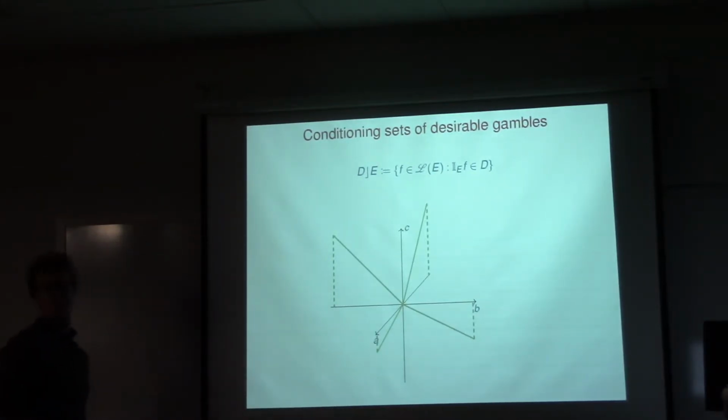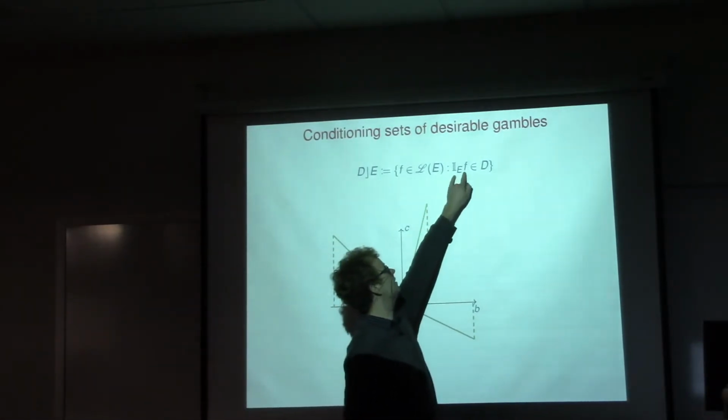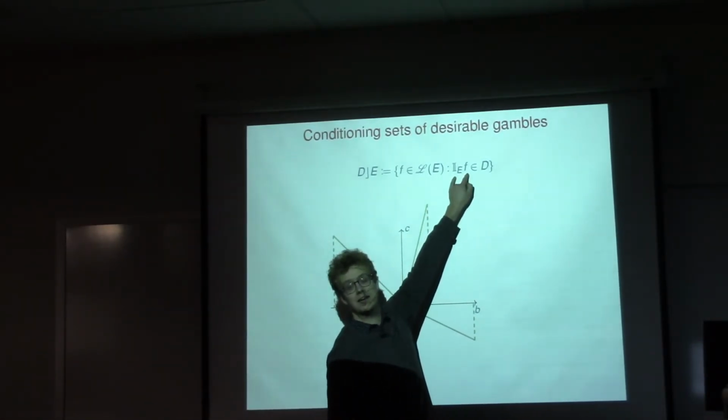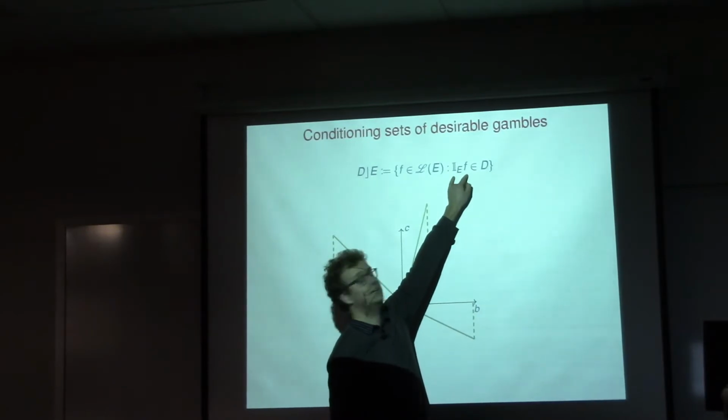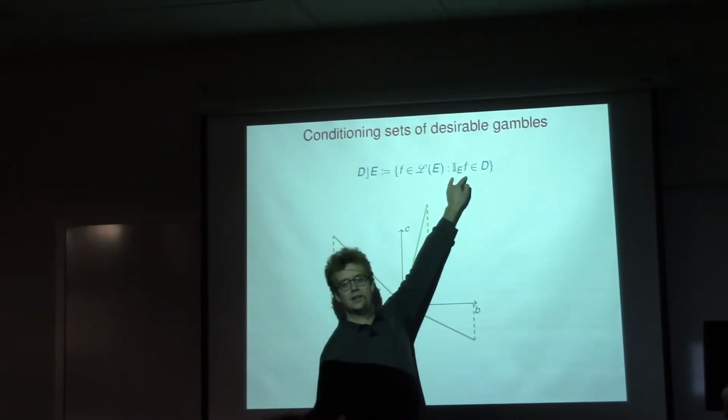Okay, never mind. I take this to mean that the result of this multiplication is a gamble on X, on the whole space. And what gamble is it? It is a gamble that attaches 0 outside E and F on E. So it is actually a called-off gamble.